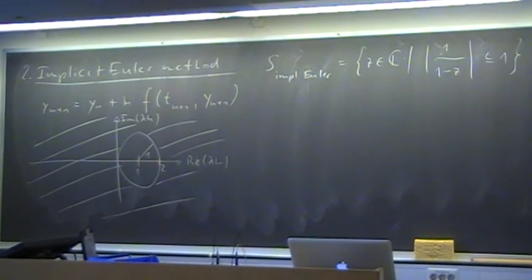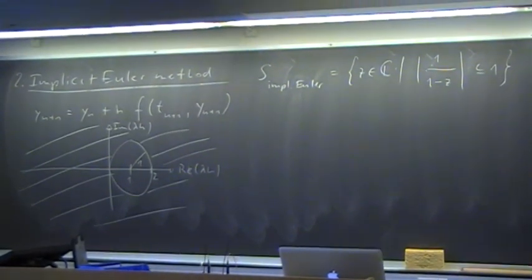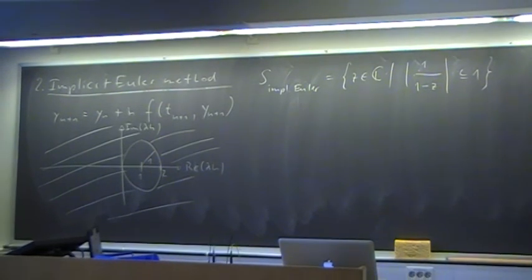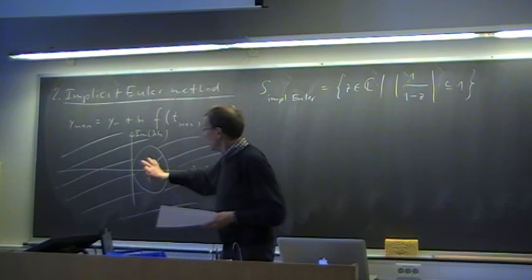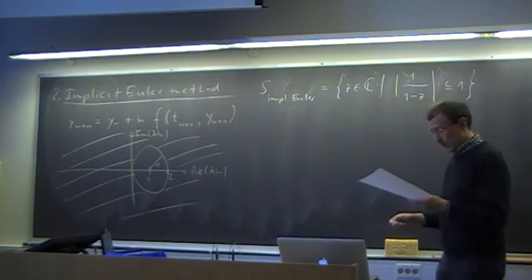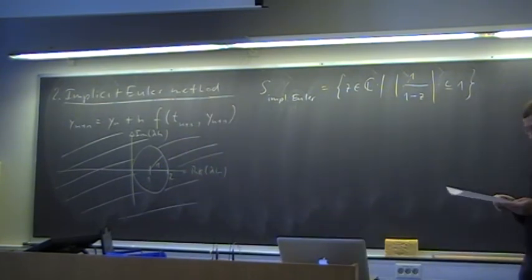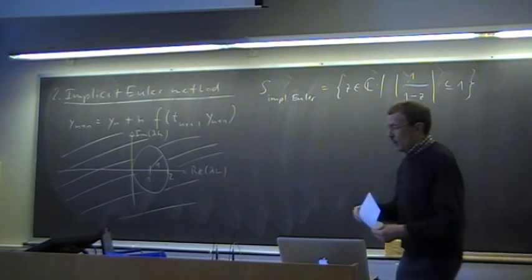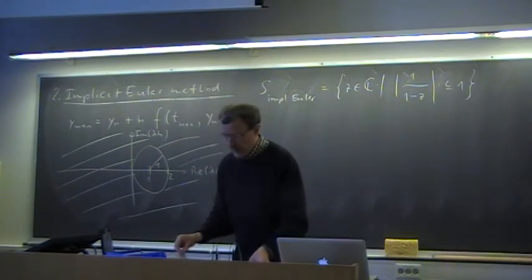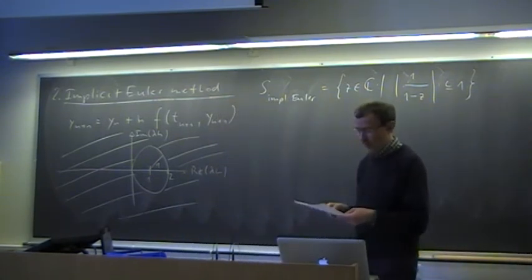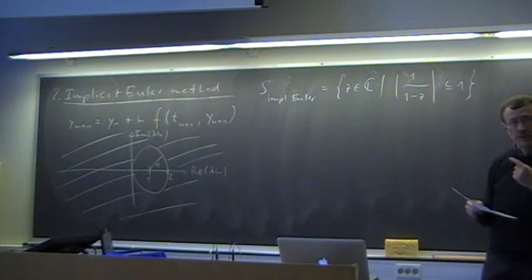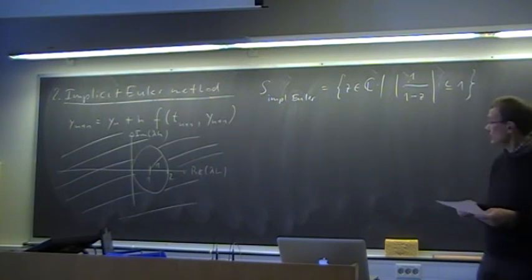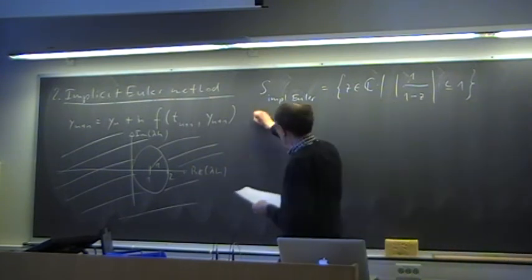And so essentially for all values of lambda h except for the circle with radius 1 around plus 1, everything belongs to the stability domain of the implicit Euler method. We had also looked at others, and in the exercises in the week before this, we also looked at the trapezoidal method. But we stop here.